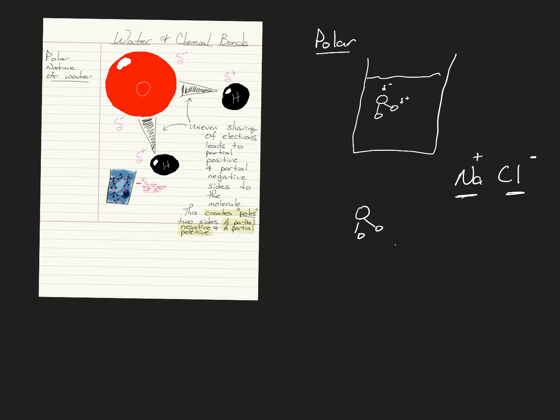In solution, the oxygens line up around the sodium, because the negative attracts the positive, and the chloride gets attracted to the hydrogens. Excuse me, I said that the wrong way at first. So you get what's called hydration, or dissolving. That's what dissolving means.